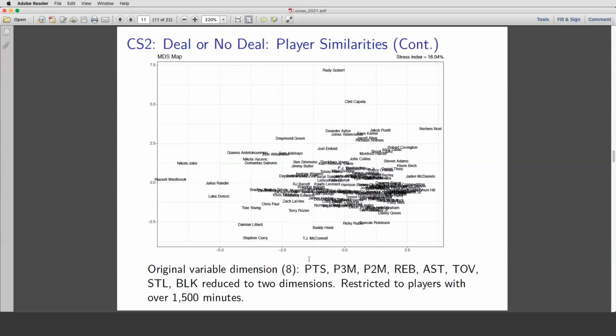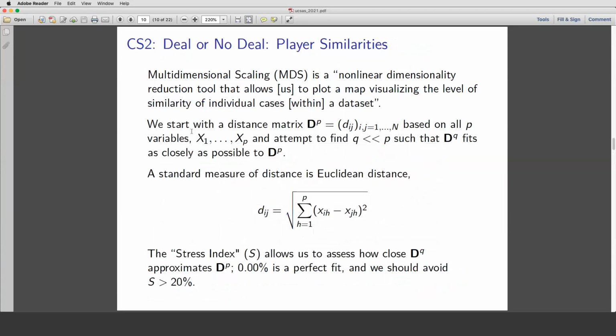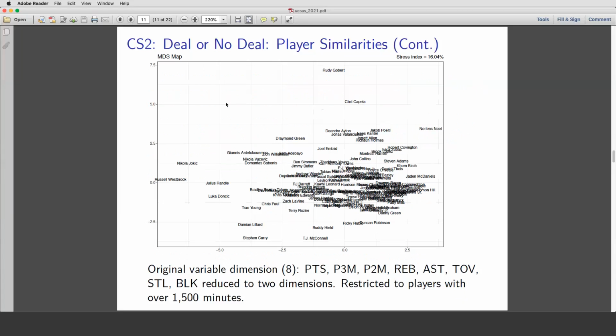Each player had total points made, 3 points made, 2 points made. So in other words, this was your input. Each player is going to have 8, so P is 8, right? And what we're trying to do is turn this 8-dimensional vector into a 2-dimensional vector and plot it.